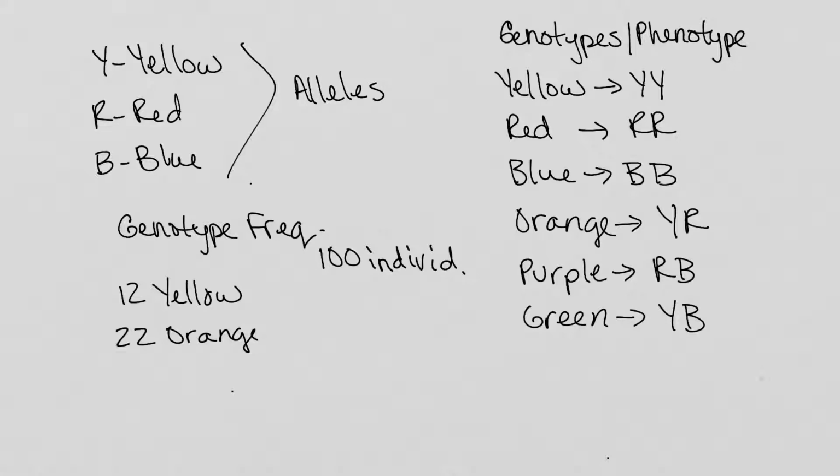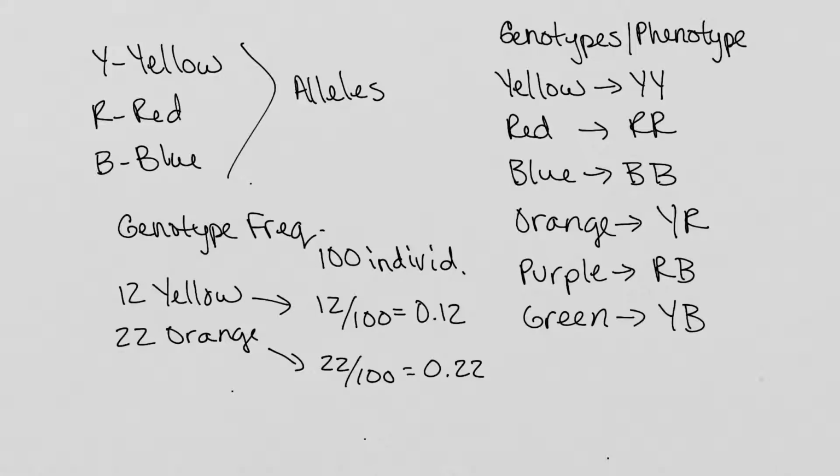If I want to find the genotypic frequency of yellow, all I have to do is take the yellow, there's 12 of them, divide by 100, and that gives me a frequency of 0.12 or 12%. We could do the same thing with orange. We would take 22, divide it by 100, and that gives us 0.22 or 22% frequency for the orange ones. And you would go through and do that for each one of the colors.